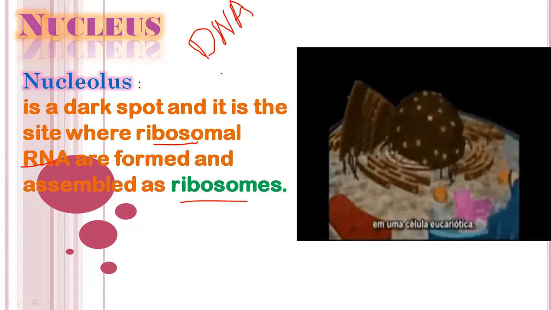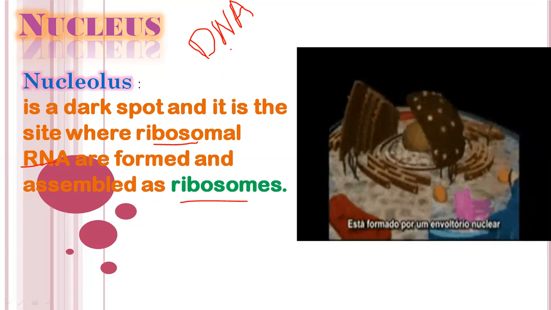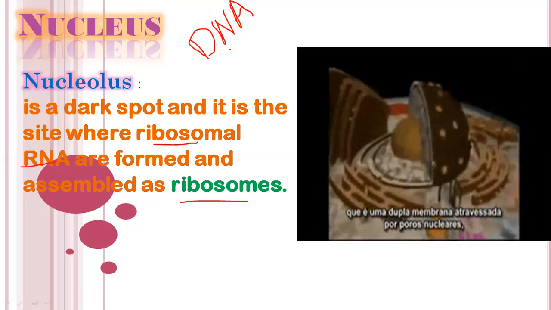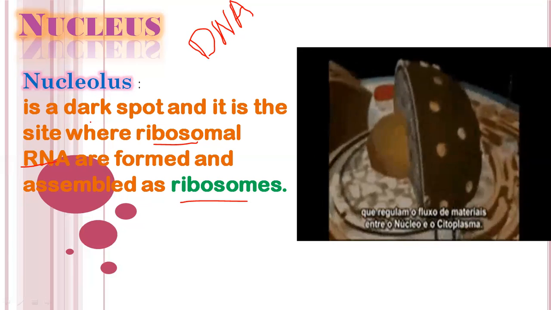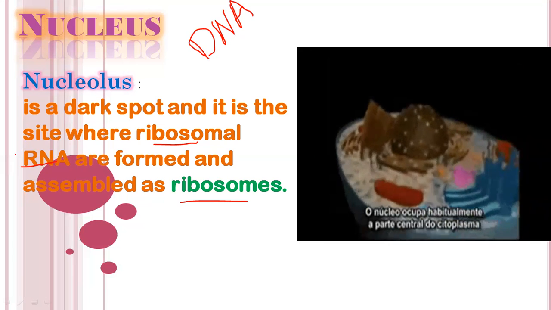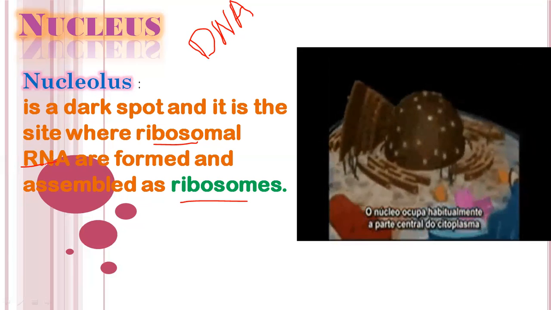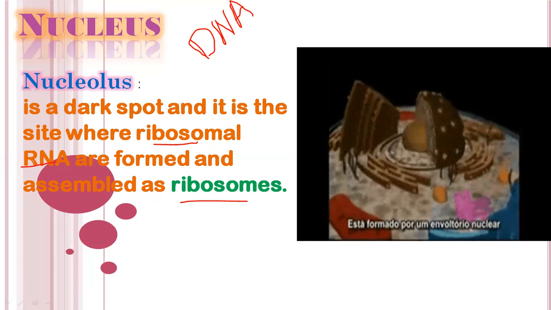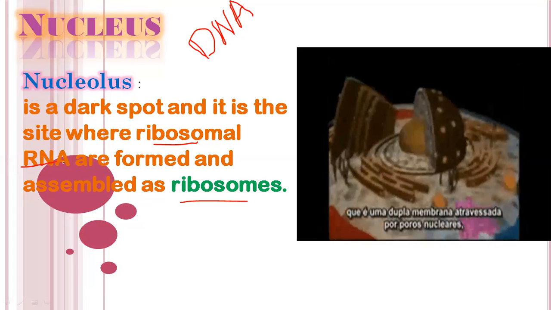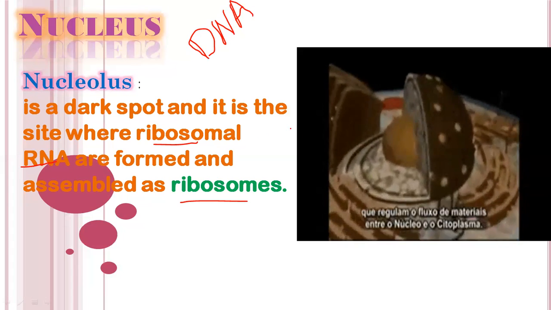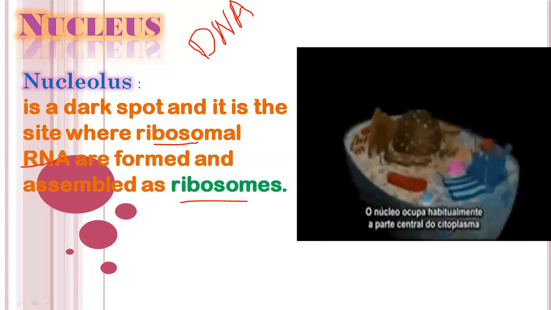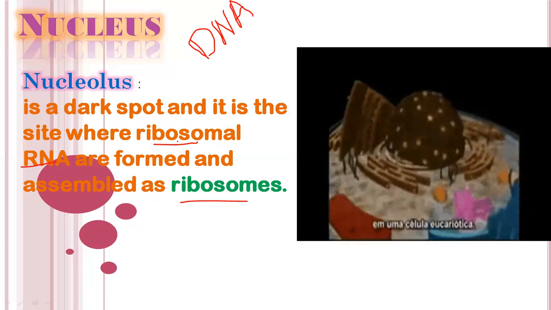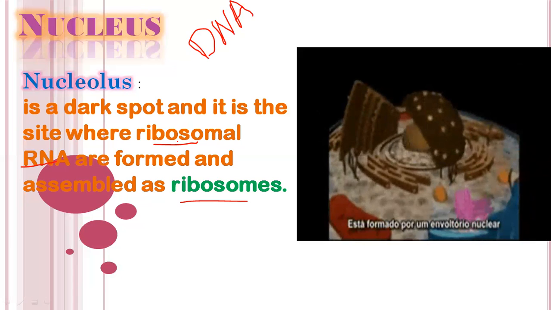And this DNA, when it is needed, is transcribed into RNA. RNA means ribonucleic acid: R for ribo, N for nucleic, A for acid. So the nucleolus forms ribosomal RNA. What does it do?